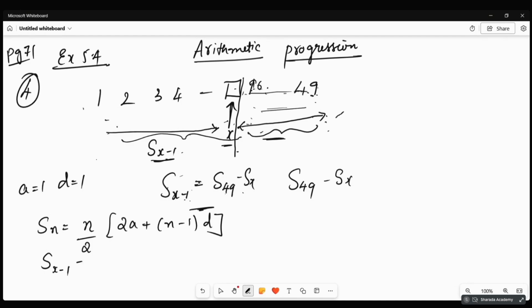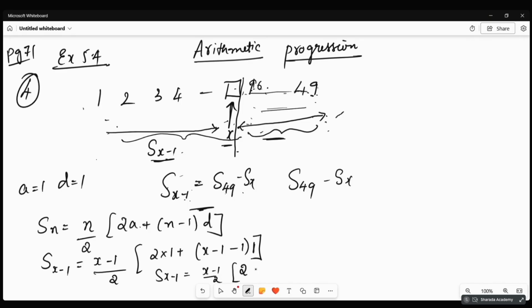S(x-1) is equal to (x-1) by 2 into [2 into 1 plus (x-1) into 1]. This is (x-1) by 2 into (2 plus x minus 2). So I will get S(x-1) is equal to (x-1) by 2 into x.